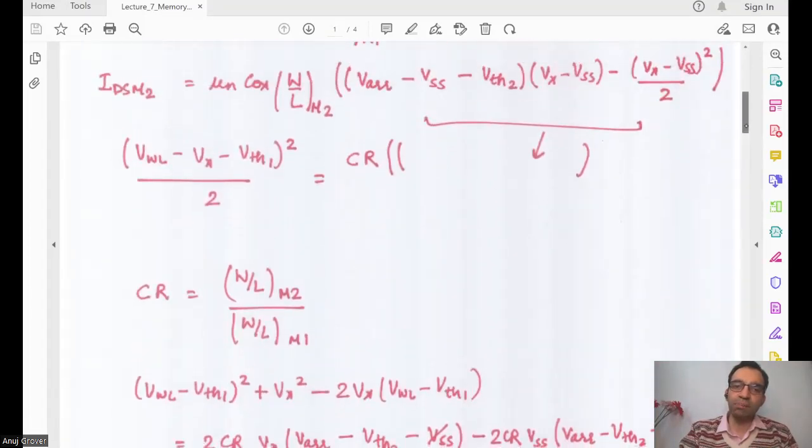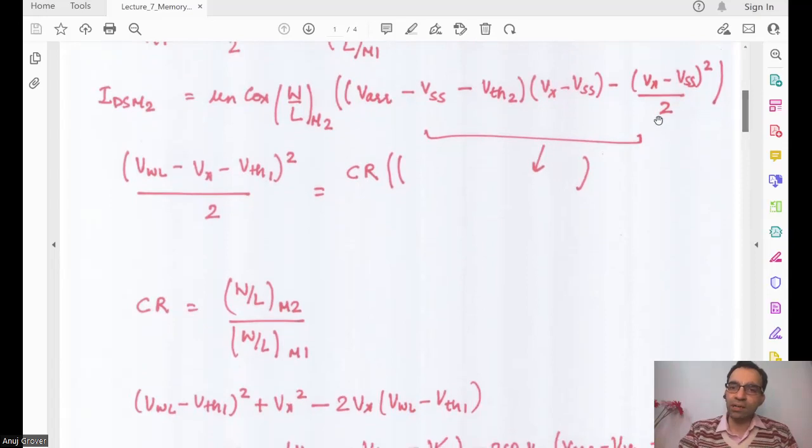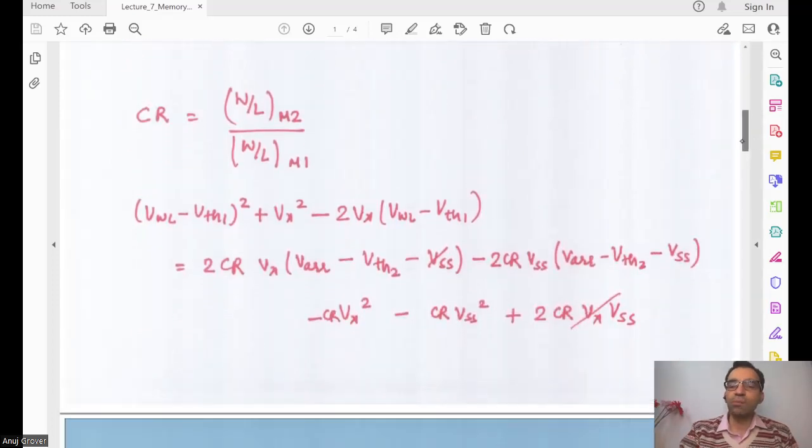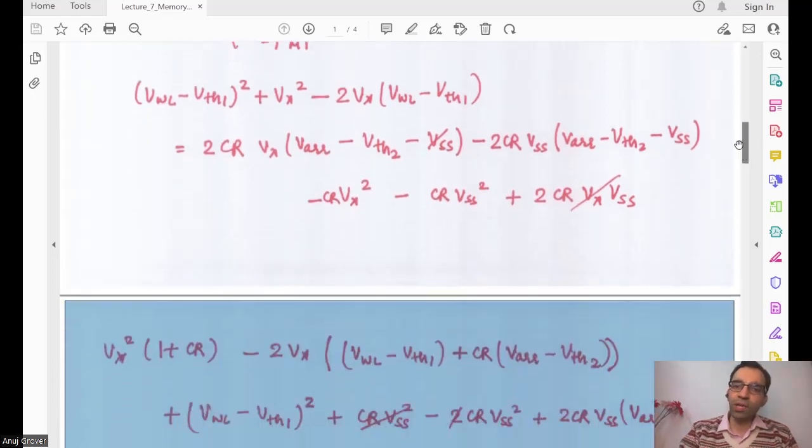By equating them, we get this. What I've done in between is introduce a variable called cell ratio, CR, which is W/L of the pull down divided by the W/L of the pass gate. So when I equate the current from the pull down to the current from the pass gate, I get a quadratic equation.